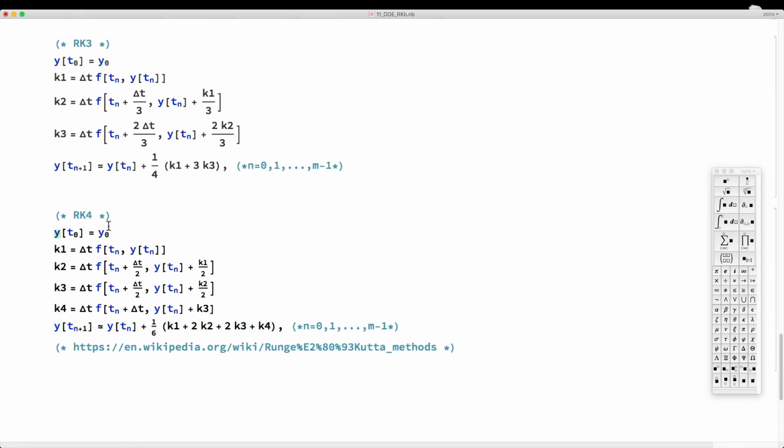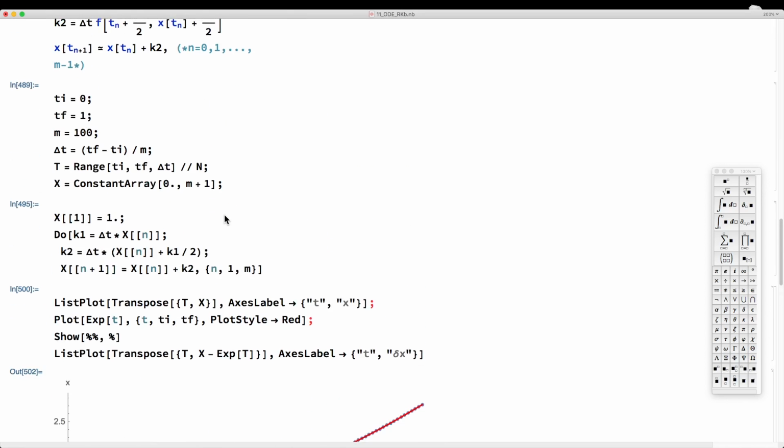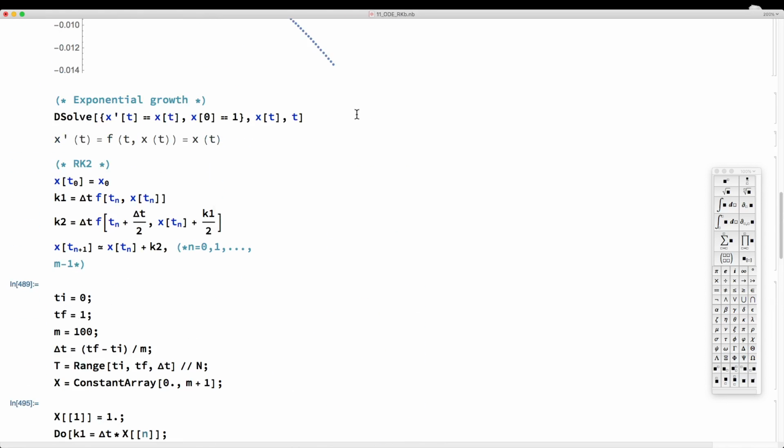And again, for clarity, let me replace this x by y everywhere. That will make it easier to see what our quantities are.